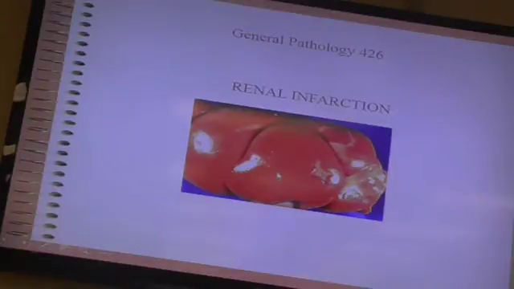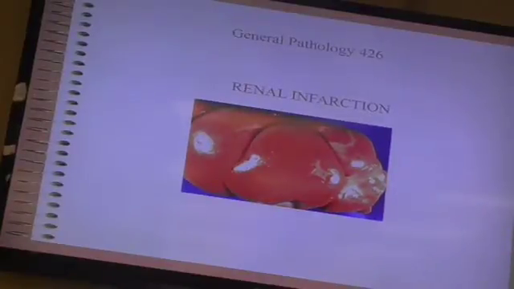By the way, what species did this come from? Bovine. Suppose I told you it was a river otter. Would I be wrong? Take a wild guess. Would I be wrong? No. River otters also have lobulated kidneys.